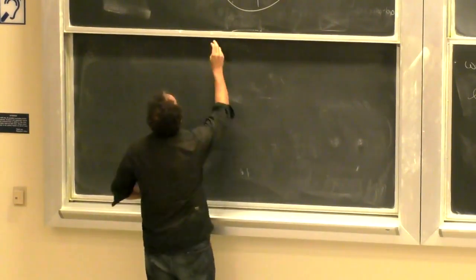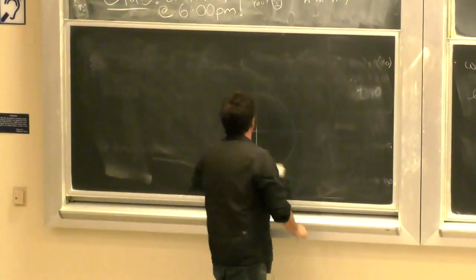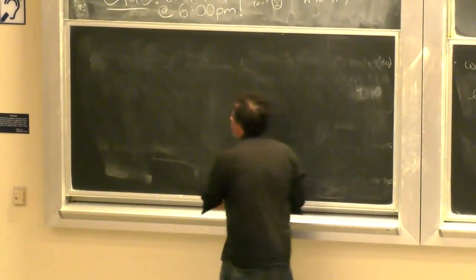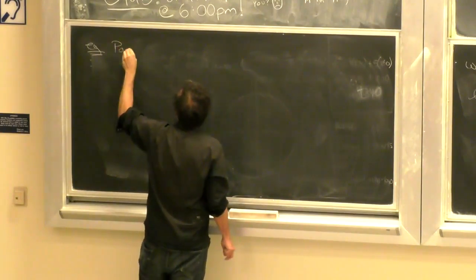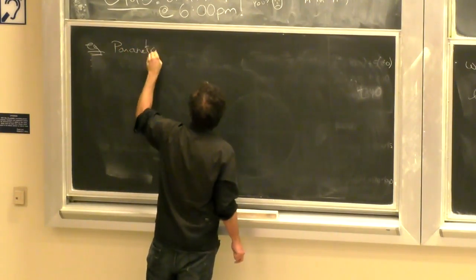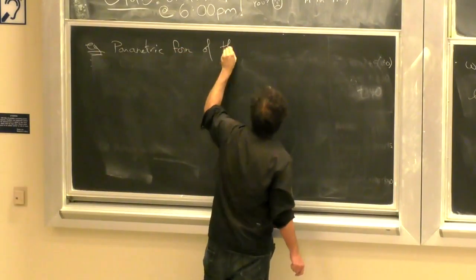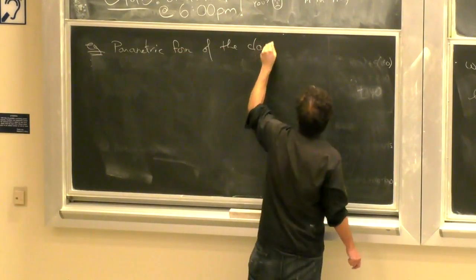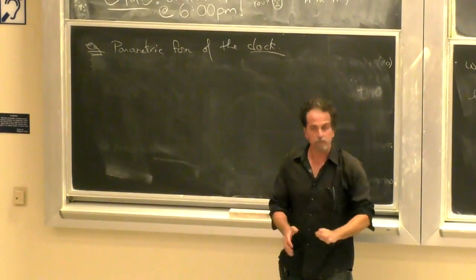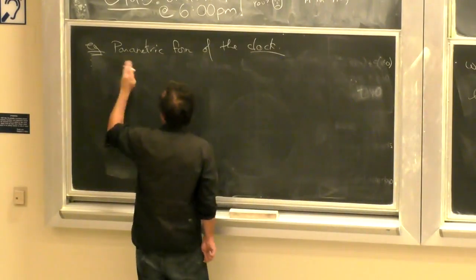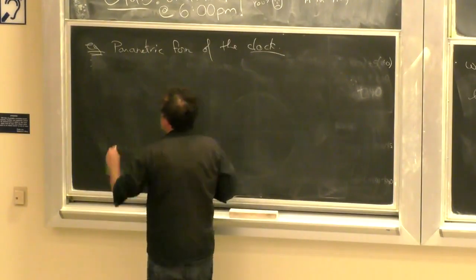I'm going to need at least 2 boards, so let's start up here. For example, the parametric form of the clock. I remember when I was a kid, you always have to define your variables. So let's start at the beginning.